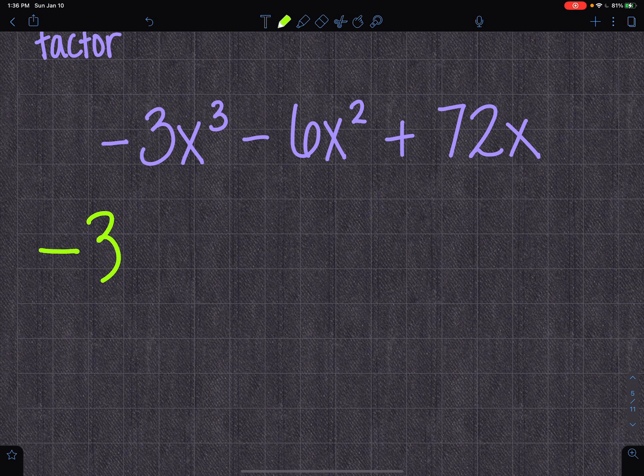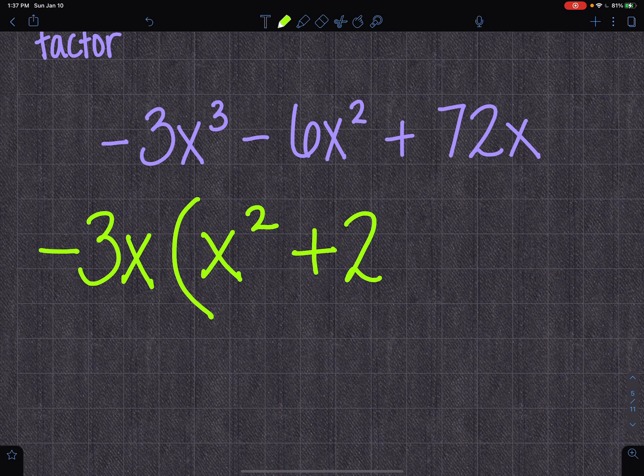A negative, a 3, and an x. And what am I left with on the inside? I'm going to have x squared because this times this makes this. And then I'm going to change the sign and do positive 2 and another x, because now this times this makes this.